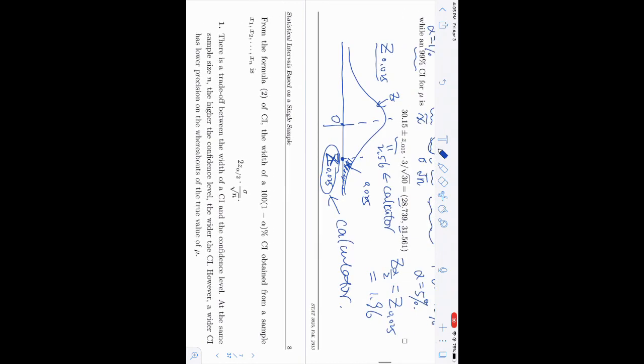Now, if we look at how we construct this interval, the interval is centered at x bar, where x bar is the sample mean. So that interval is symmetric around x bar. Then, what is the length of that interval? The length of the interval is the difference of the upper bound and the lower bound of the interval, right?